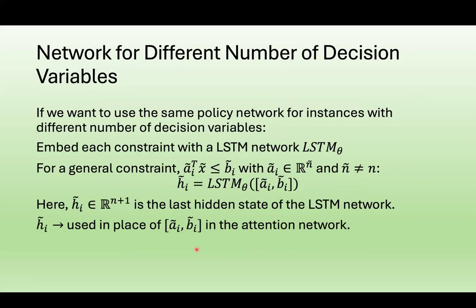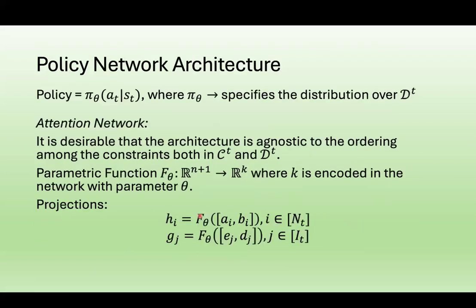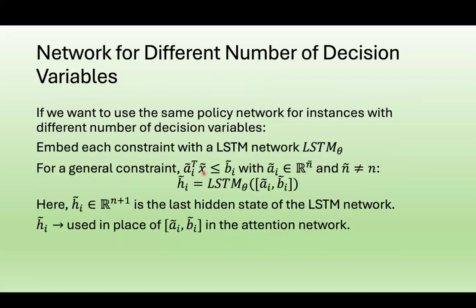Now, in the previous network, we saw that we were forced to have an input vector of size n plus 1. Let's say we don't want a vector of size n plus 1, which means we want to use the same policy network for instances with a different number of decision variables. In that case, we'll embed each constraint with an LSTM network, let's say LSTM theta.